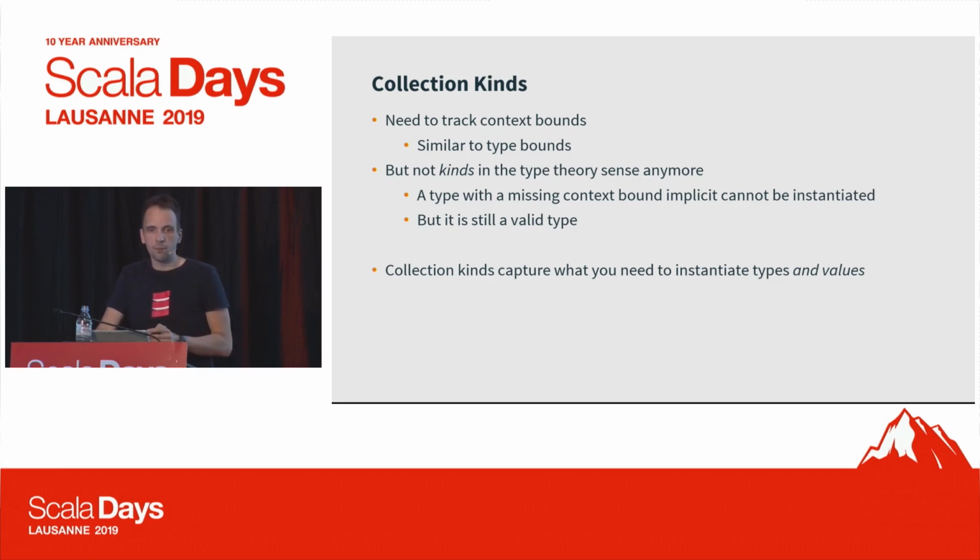When you have a violation of a subtype bound on a kind, the type itself is invalid, but we care not only about valid types, but also about being able to instantiate these types and their values. So that's why we use this extended, not quite correct definition of kinds.